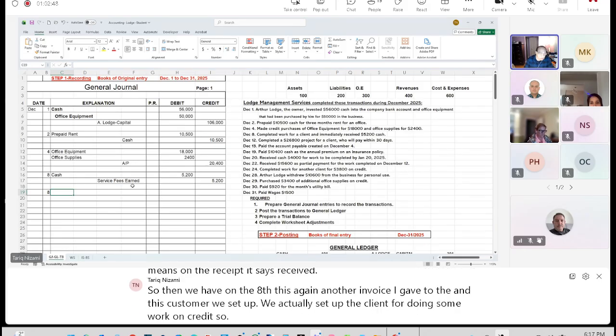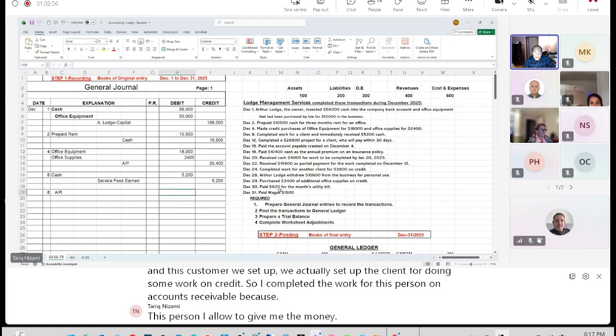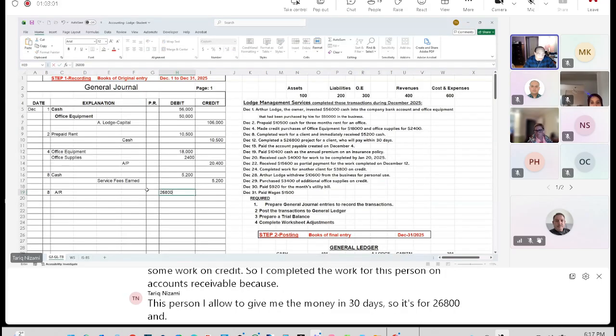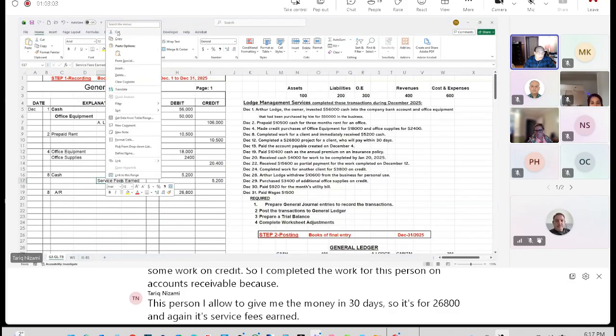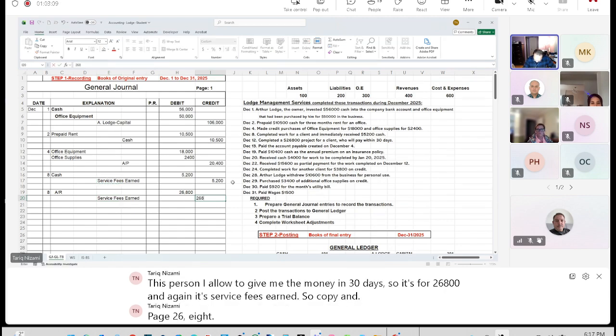So I completed the work for this person on accounts receivable because I allow this person to give me the money in 30 days. So it's for 26,800. And again, it's service fees earned. So copy and paste 26,800.